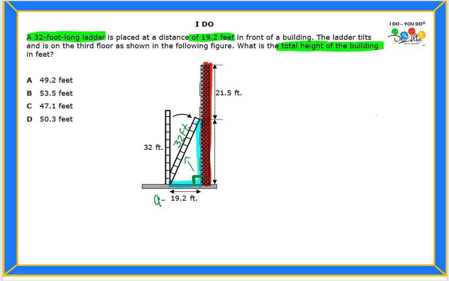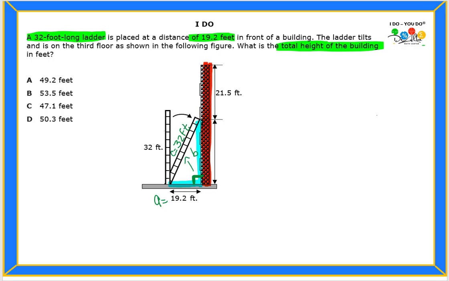I'm going to label that A. B is not given to me, and that will be the height from the ground to the highest point of the ladder that is leaning against the building. So that will be B. What about 32.0 feet? That is your C, which is the hypotenuse.